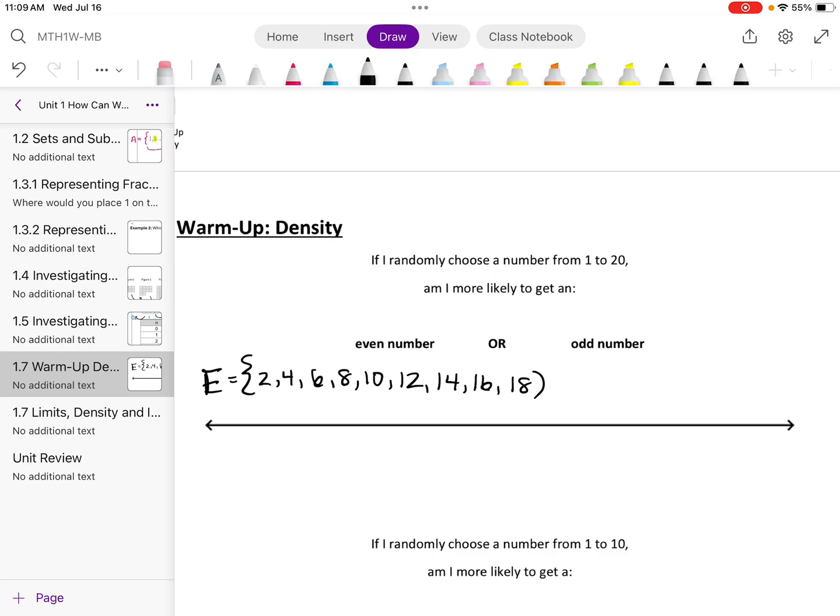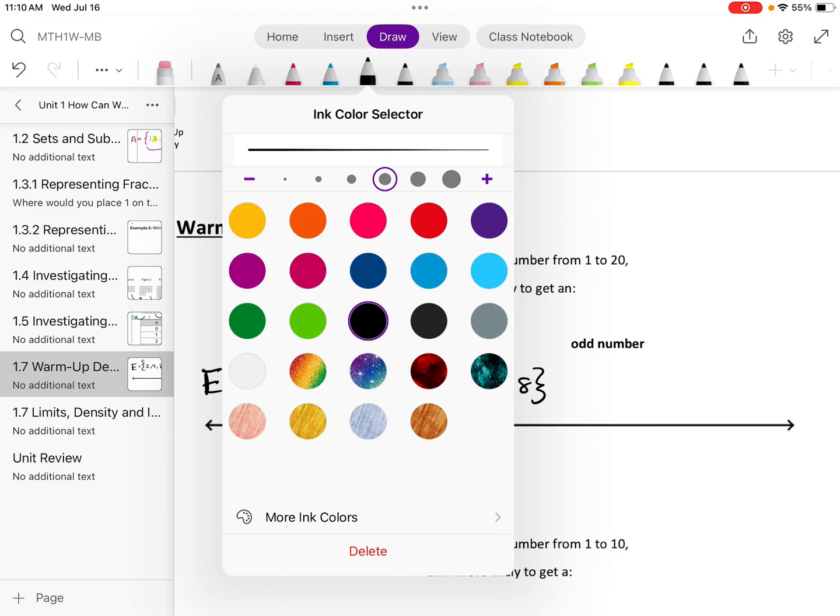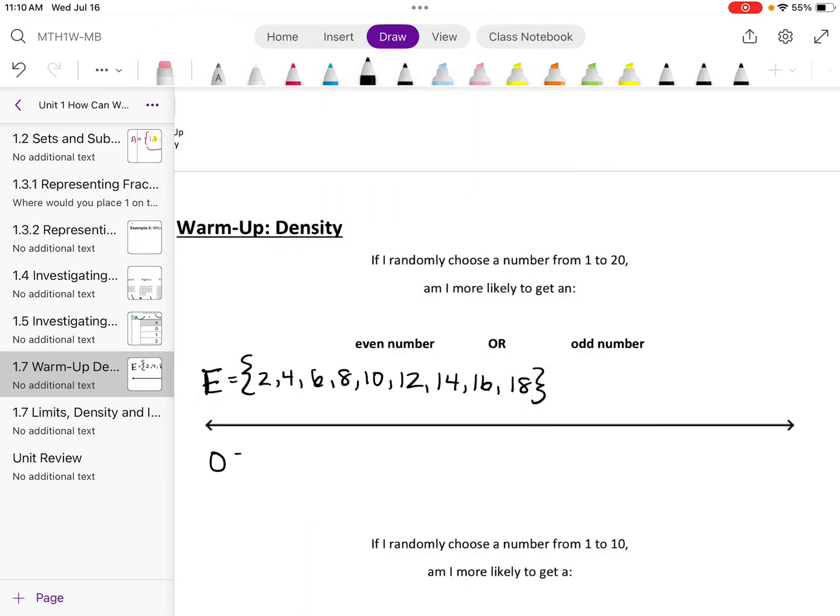Oh, wrong bracket. And I've got my odd numbers. So I've got 1, 3, 5, 7, 9, 11, 13, 15, 17, 19.